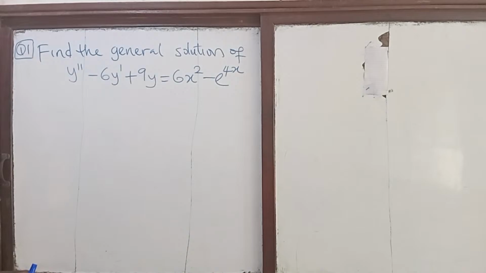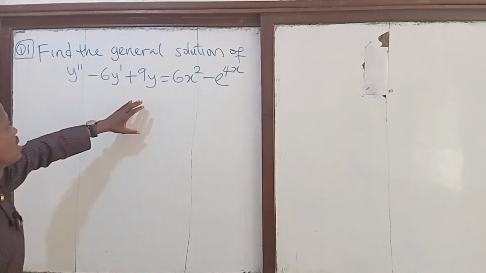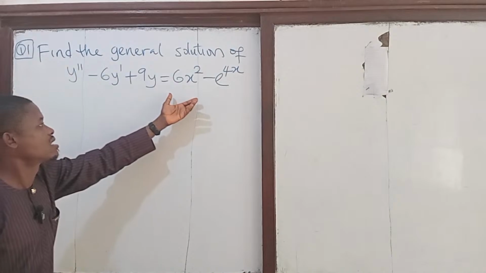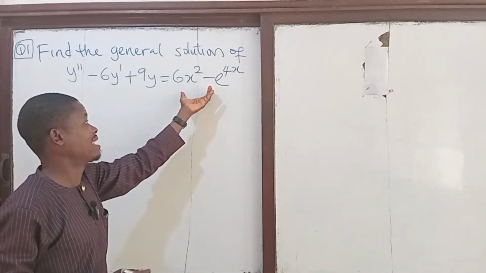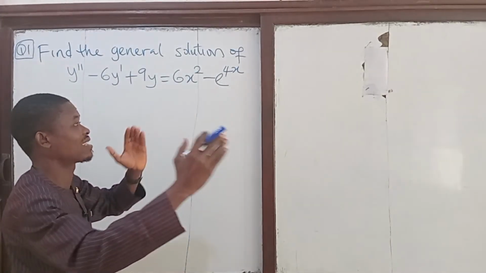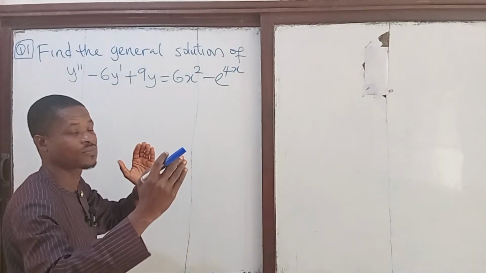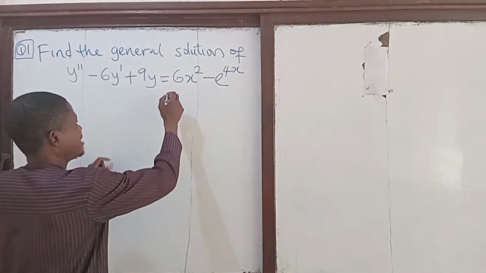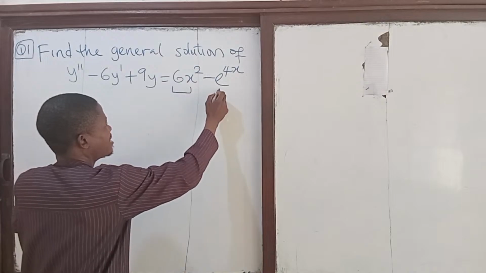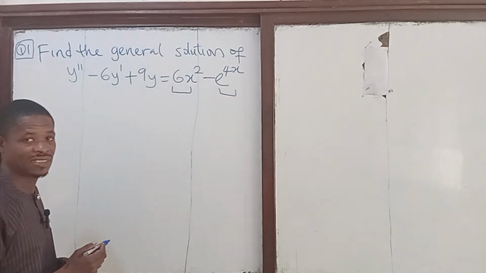If you look at the non-homogeneous part, the right-hand side, you see that it has several segments. It has the quadratic segment. It has the e-function segment.